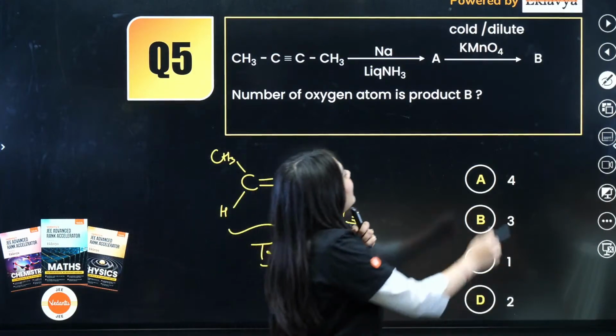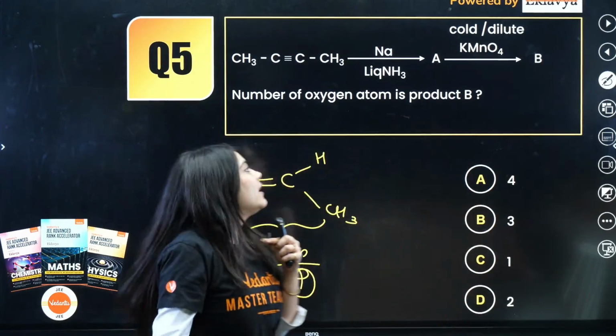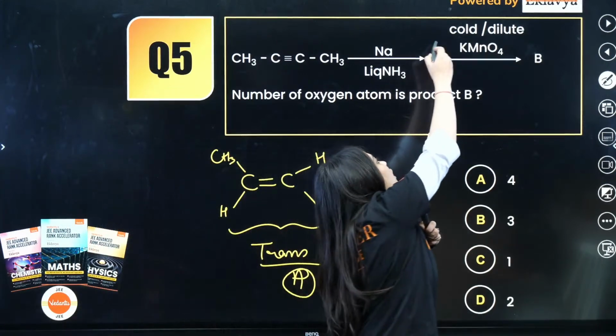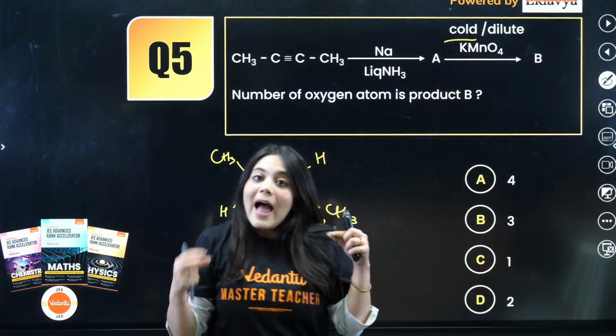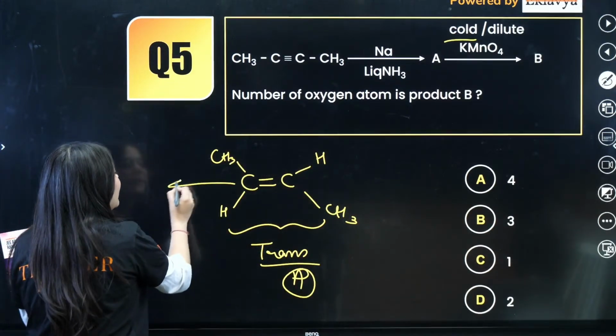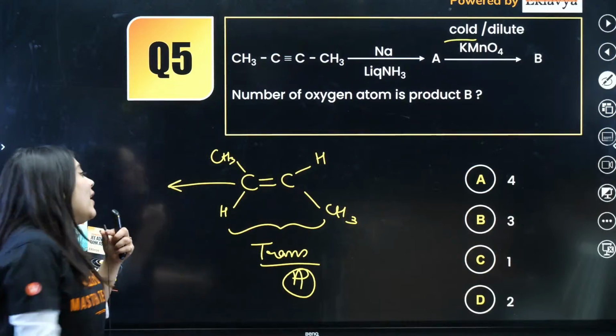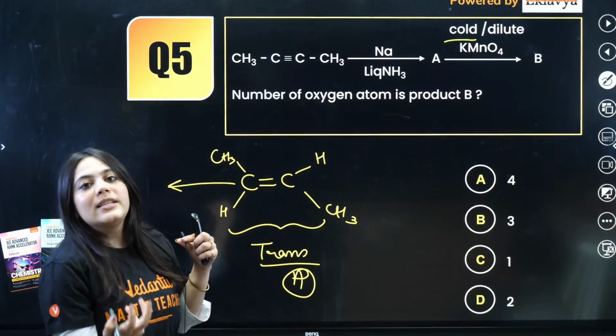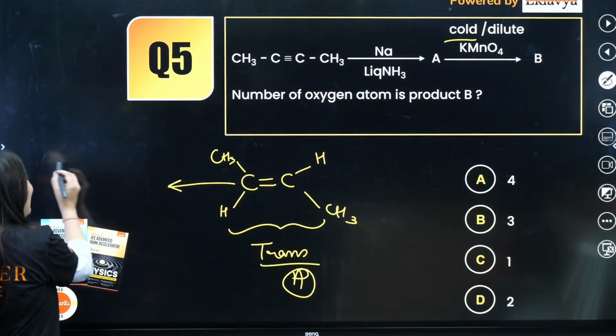Similarly, what will be your option number B? You're trying to react this alkene with KMnO4, cold and dilute. And whenever the alkene reacts with cold and dilute KMnO4, what happens? OH is added at the position of the double bond, isn't it? Oxidation of alkene happens to alcohol.